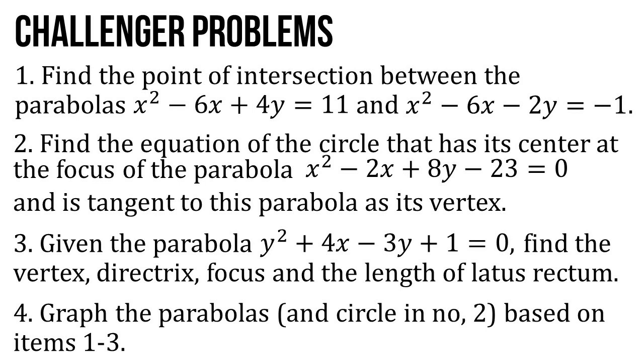Number 3, given the parabola y squared plus 4x minus 3y plus 1 equals 0, find the vertex, directrix, focus, and the length of the latus rectum. Then number 4, graph the parabolas and the circle in number 2 based on items 1 to 3 of the challenger problems.